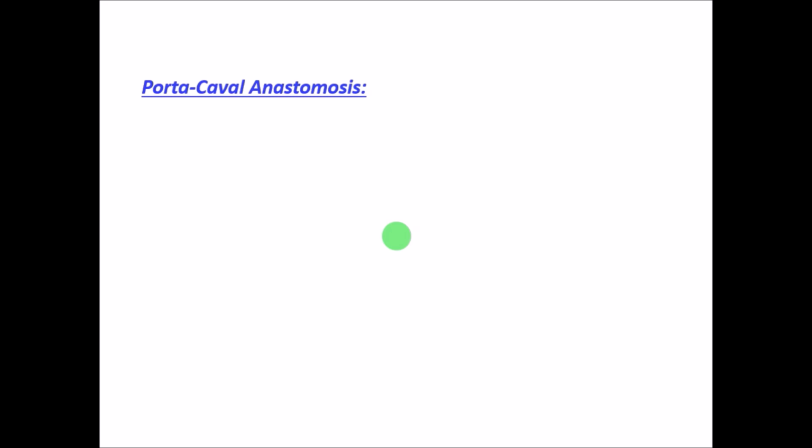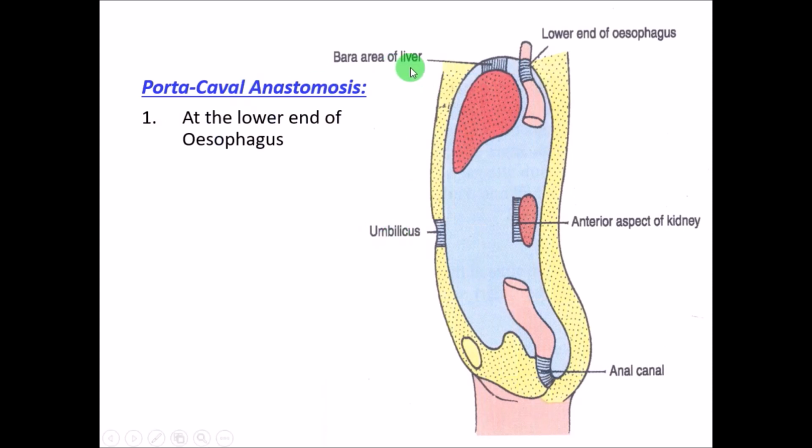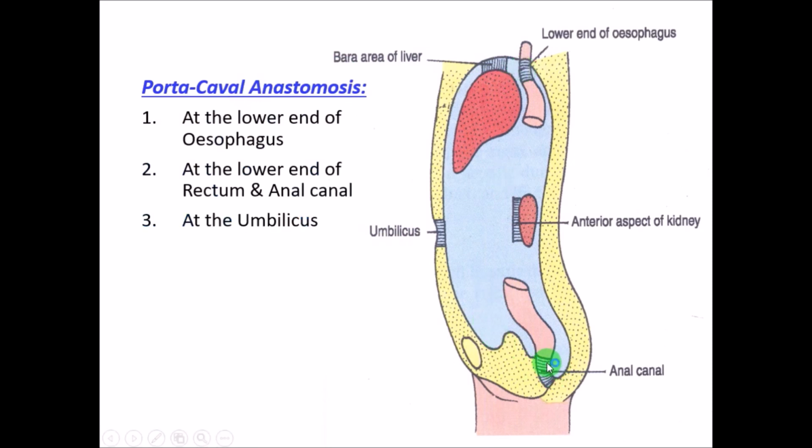So the portal vein anastomoses with the branches of the inferior vena cava. So what are these sites? One is at the lower end of the esophagus. The second is at the lower end of the rectum and the anal canal. The third is at the umbilicus. The fourth is behind the peritoneum.